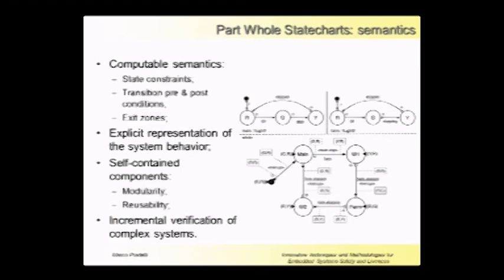Starting from the known semantics of each state, we can compute the transition pre- and post-conditions, and verify, for example, if a transition precondition is allowed by the state constraint, so the transition will be feasible, and if the post-condition is compatible with the state constraint. Thanks to this construct, we are able to perform a validation in the design phase.